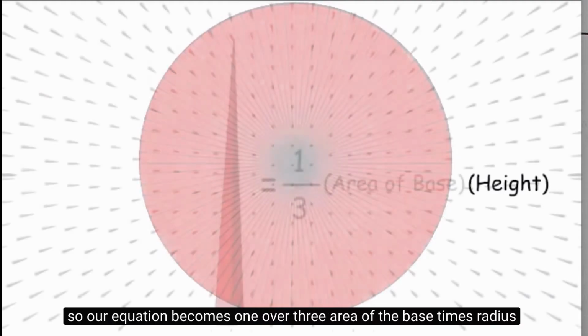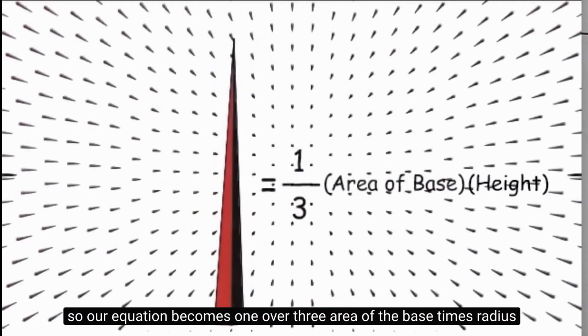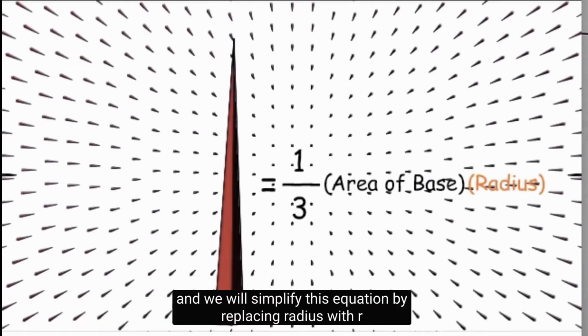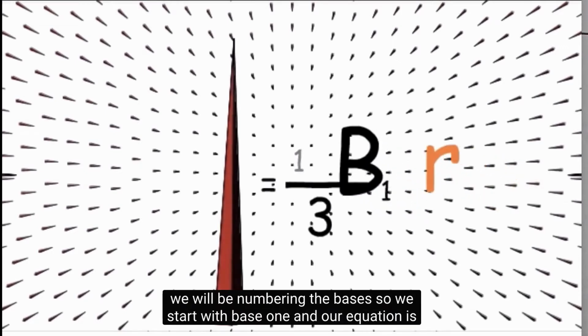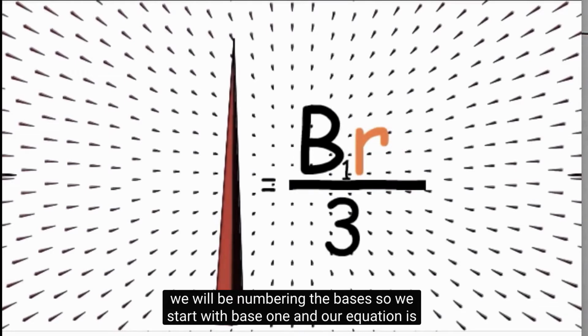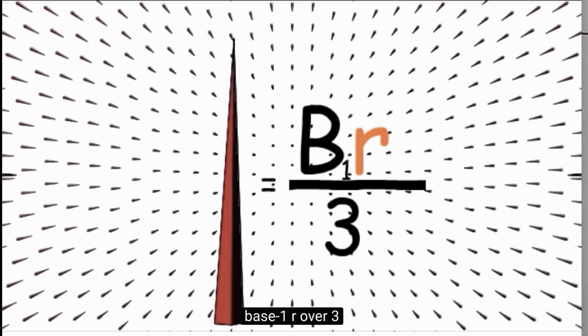So our equation becomes 1/3 area of the base times radius. We will simplify this equation by replacing radius with r and area of the base with b. We will be numbering the bases, so we start with base 1, and our equation is base 1 r/3.